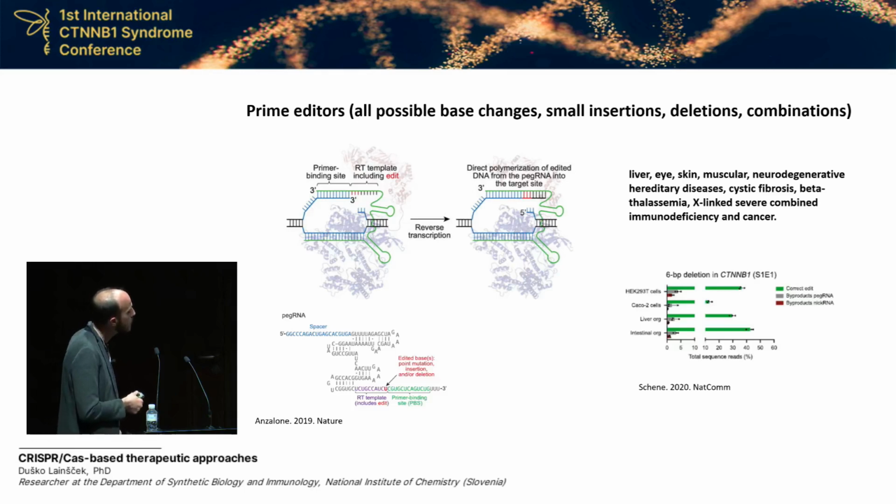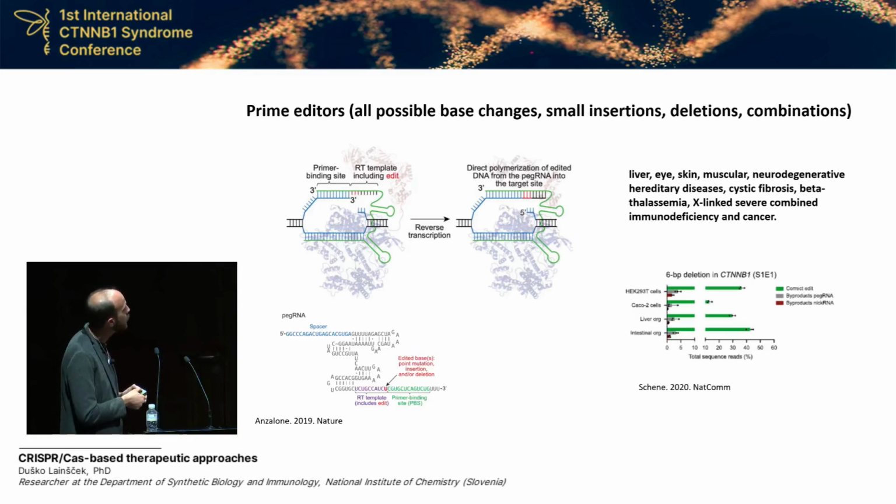This is the part of the pegRNA which carries the information that you want to introduce within the desired genomic region that you want to modify. And this RT template is then transcribed by the reverse transcriptase enzyme. And here you have the primer binding site, which hybridizes with this nicked strand. This is a very powerful tool because you can make all possible changes, because you can encode everything here.